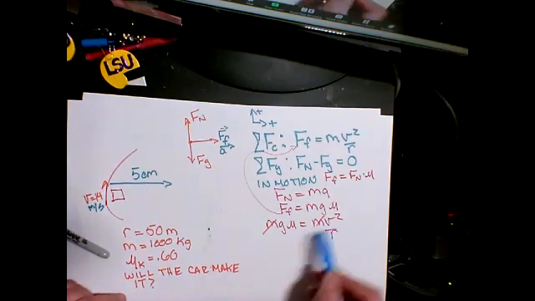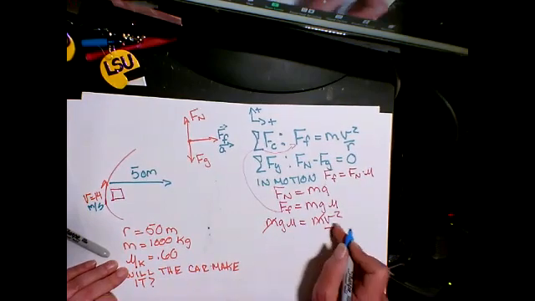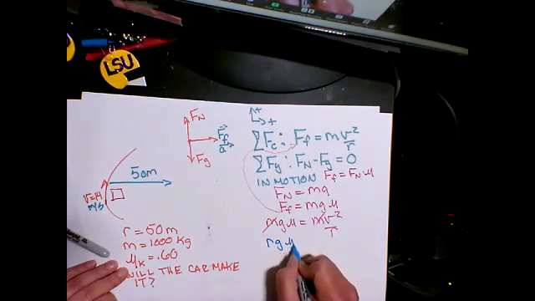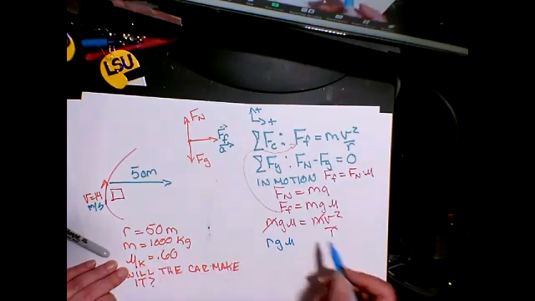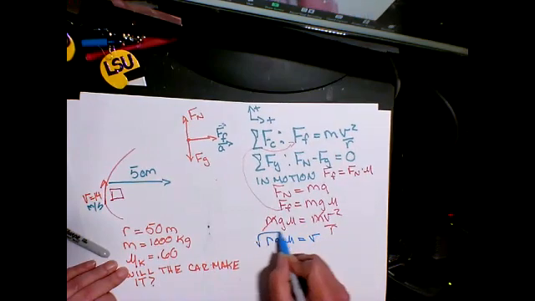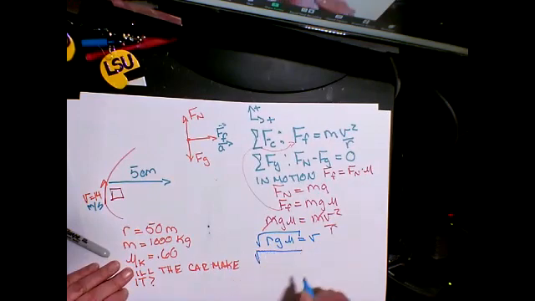My preference is to solve for the max v given this coefficient of friction. So I'm going to have radius times gravity times mu equals v squared. If I take the square root of this, I get the max velocity that I can make this turn.